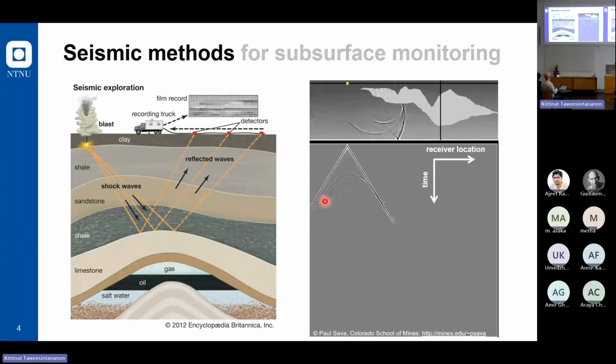First, I start with the seismic methods for subsurface monitoring. In the morning, I gave a lecture about this, but now I repeat it. For subsurface monitoring, we use a seismic source at the surface and propagate the wave downward into the earth, and at strong velocity contrasts, there will be some reflection of the wave returning to the seismic receivers we place on the surface.